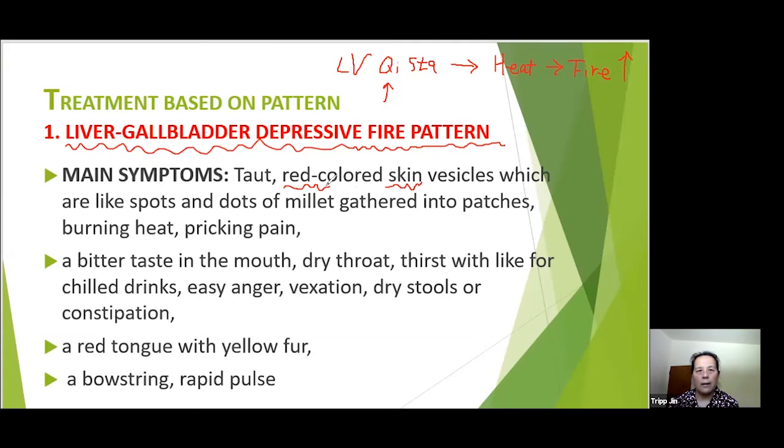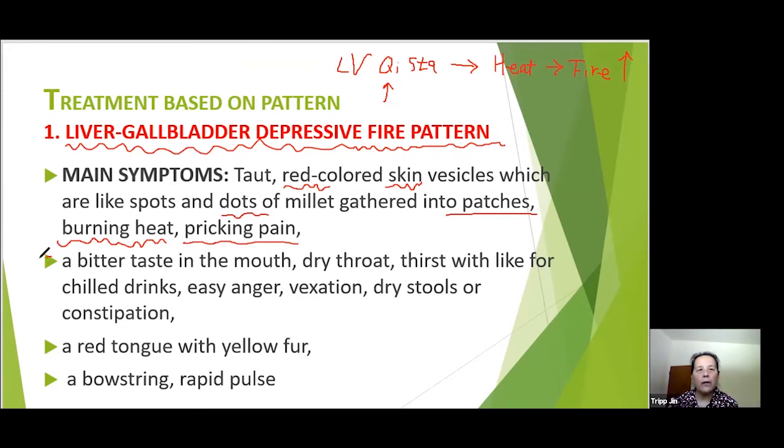There could be small dots that meet each other and form a patch. But truly it is red. And the heat in there causes a burning sensation and severe pain. So those are the local symptoms.